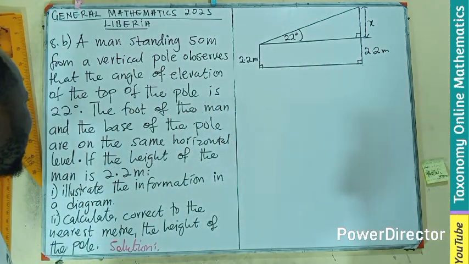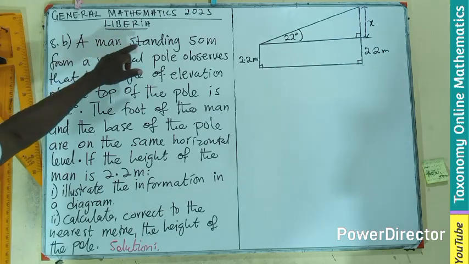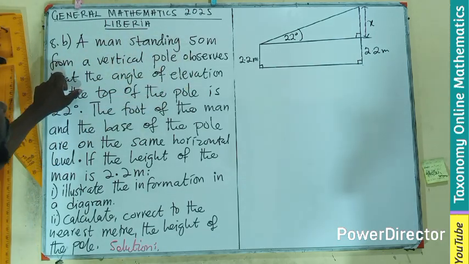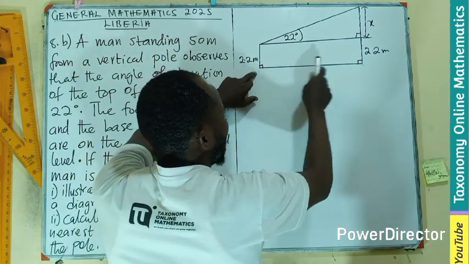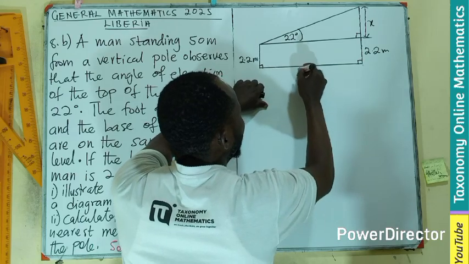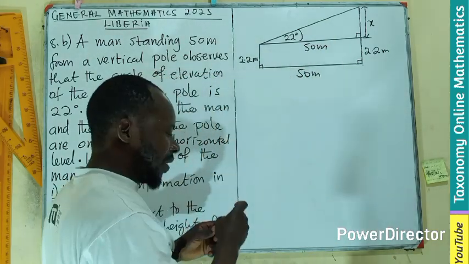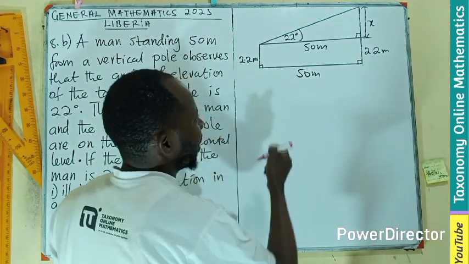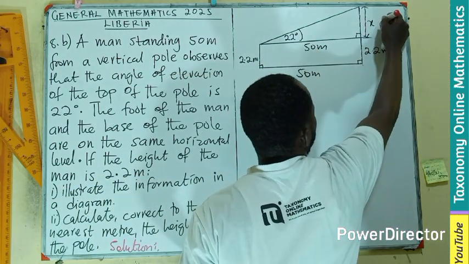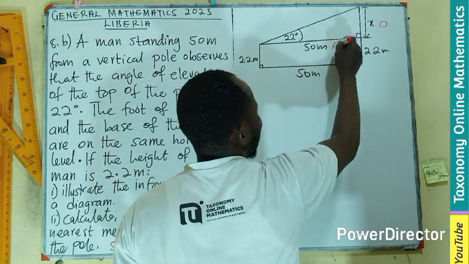All right, let's see if there's another information given. The man standing 50 meters from a vertical pole. The man is here, the pole is here. So you have 50 meters, the same as the 50 meters. So in this case, I can apply the angle is facing here at the opposite. This is the adjacent.